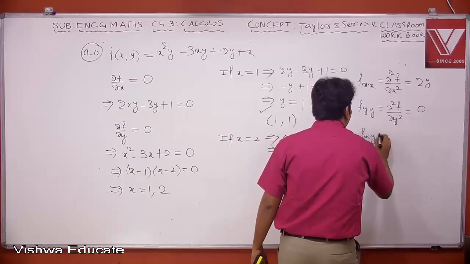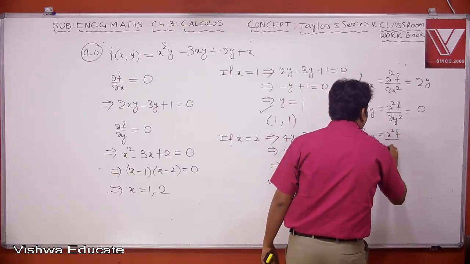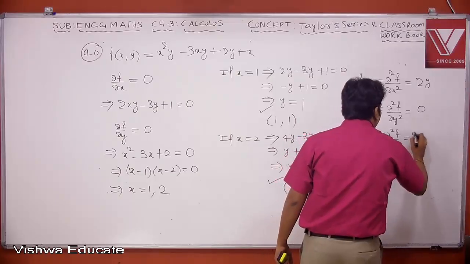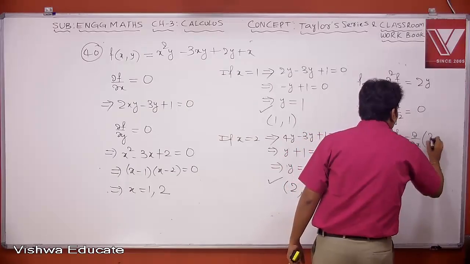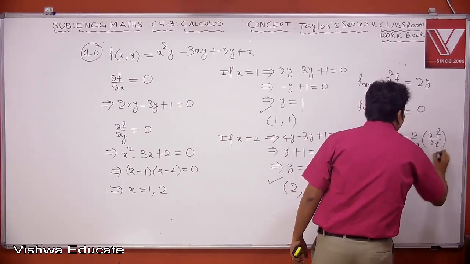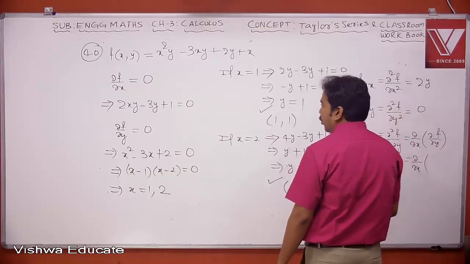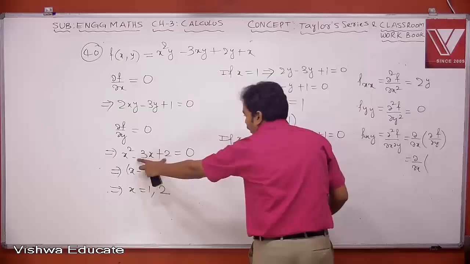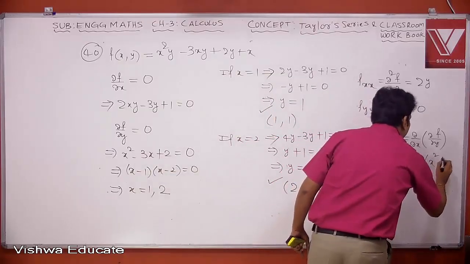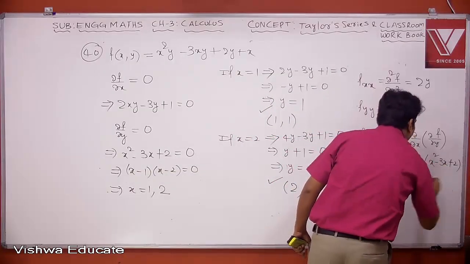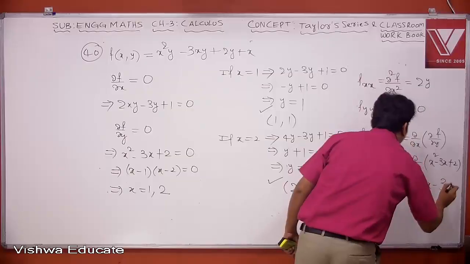fxy is dou square f by dou x dou y. This is dou by dou x of dou f by dou y, which is x square minus 3x plus 2. This is 2x minus 3.